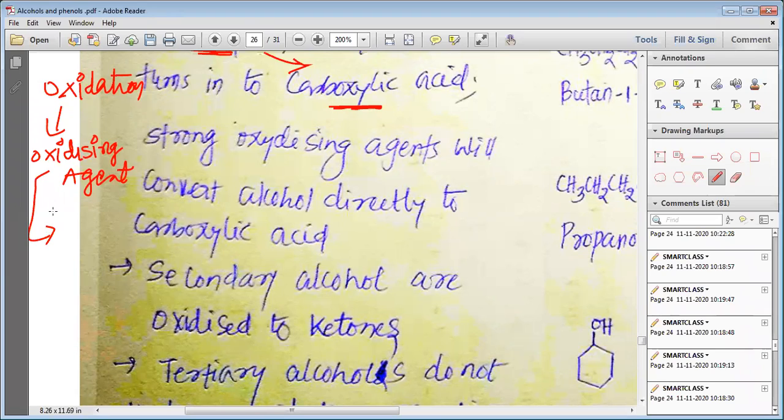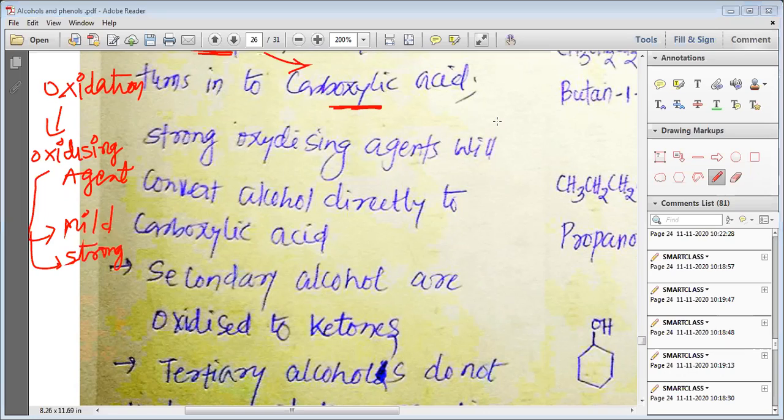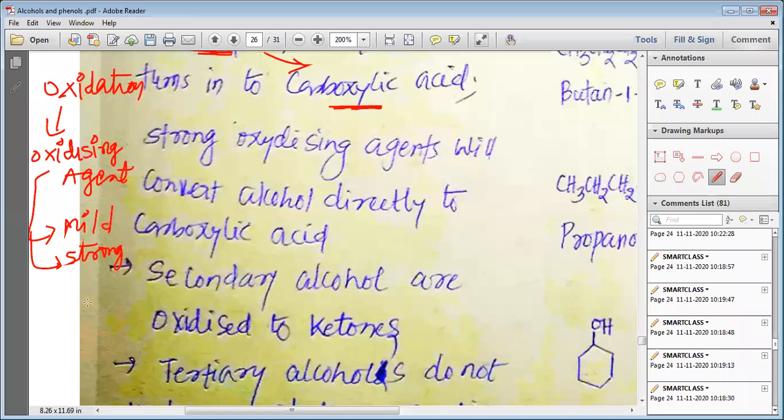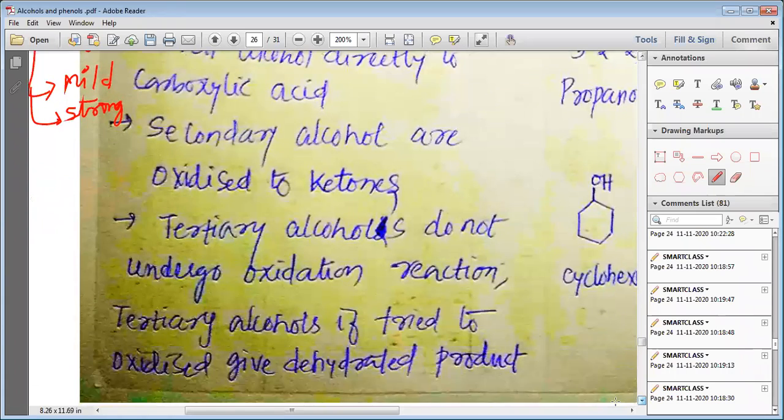One is a mild oxidizing agent, and another is known as a strong oxidizing agent. What is the difference between the mild oxidizing agent and the strong oxidizing agent, my dear students?